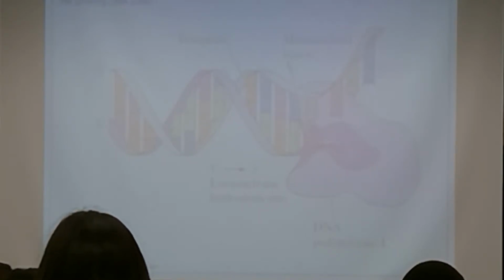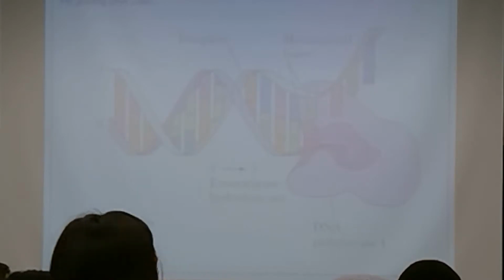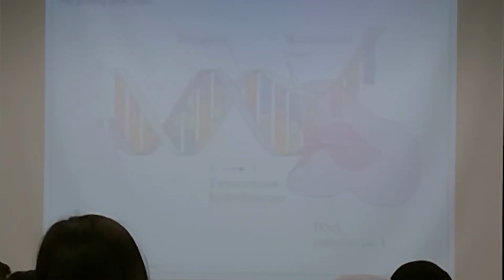PCR. What is the time frame? I think the Nobel Prize is 1987. Who is the discoverer? We'll talk about it. You studied PCR in Biochem 1. Recombination? Yes, very important. But PCR you studied in Biochem 1.